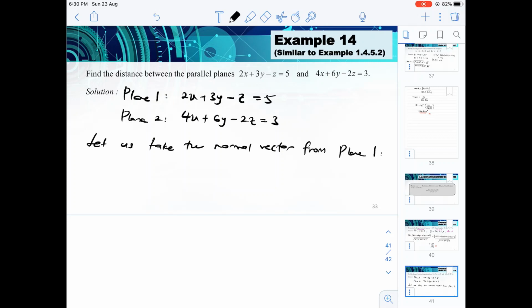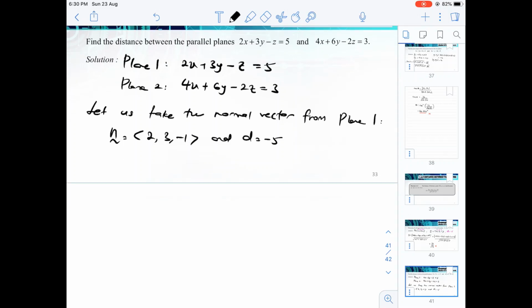Okay, so we have n equals 2, 3 and negative 1. And in this case, d is equal to negative 5.